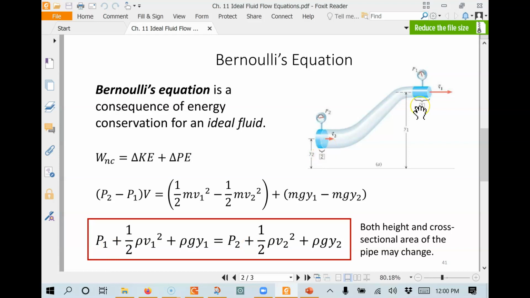In our problem, we've labeled them L and U, and we can write down this equation just as it appears. Notice that it looks kind of like kinetic energy, looks kind of like potential energy. What we've done here is we've changed the mass for rho in this equation, and also be careful not to confuse capital P, the pressure, with lowercase rho, the density of the fluid.